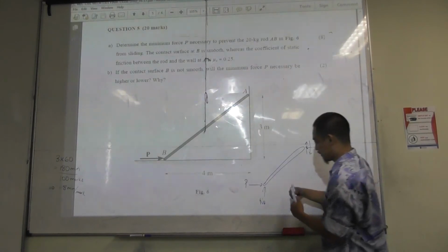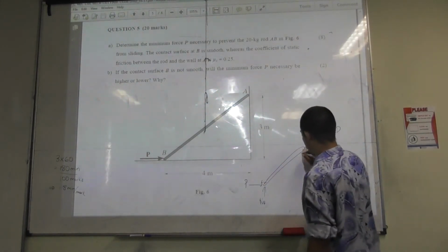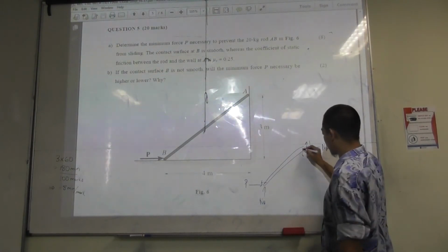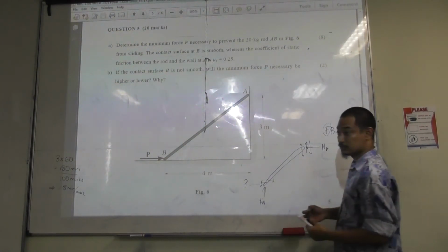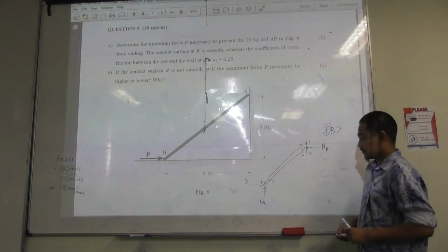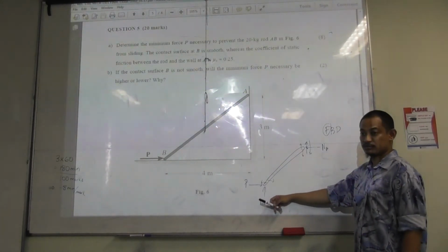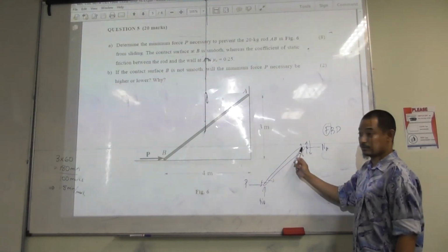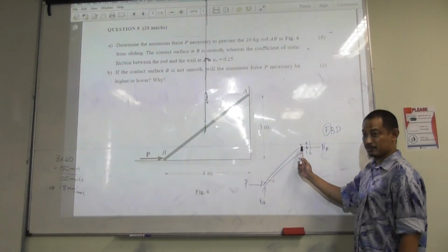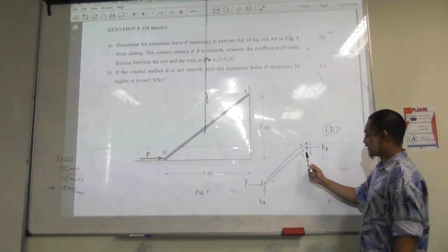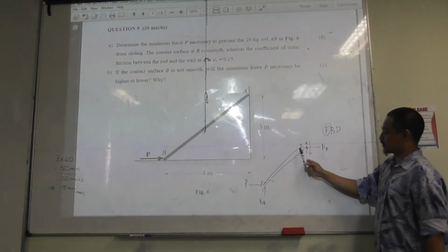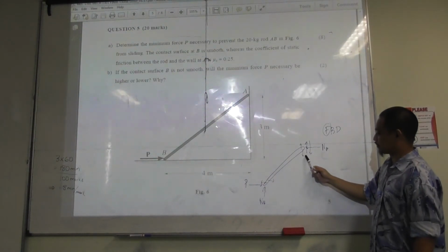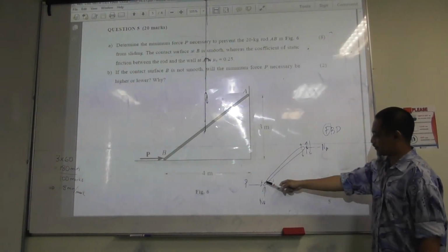If it slides down, then this will move here, right? Or is it tend to go up because you push it, where this goes up and this goes here? Based on this force. Now, if this goes up, friction will be downward, right? But if this goes down, friction will go upward. So it's important to determine which one.